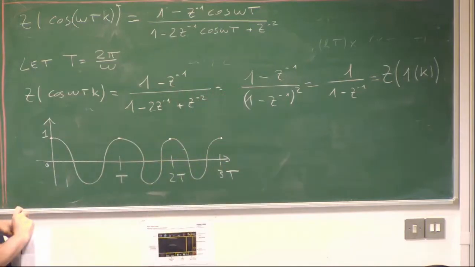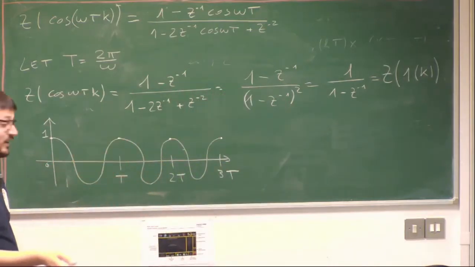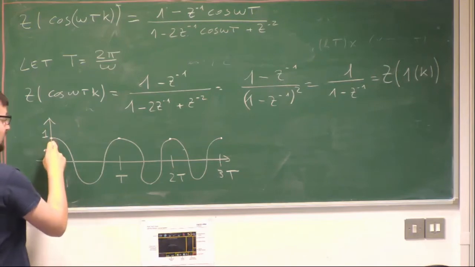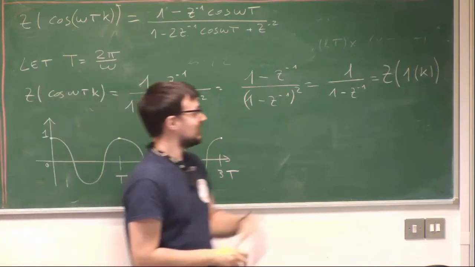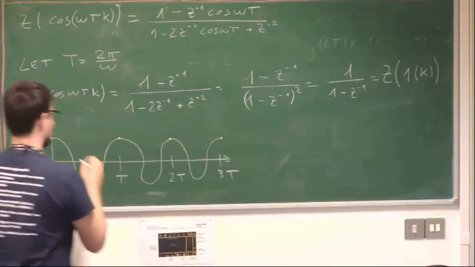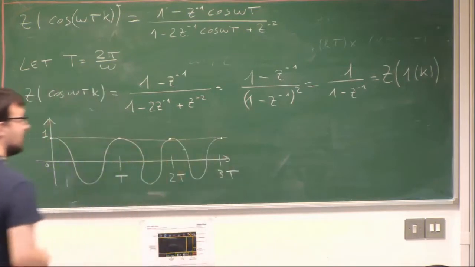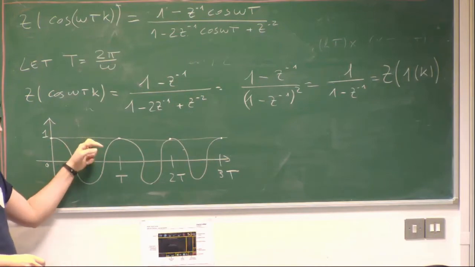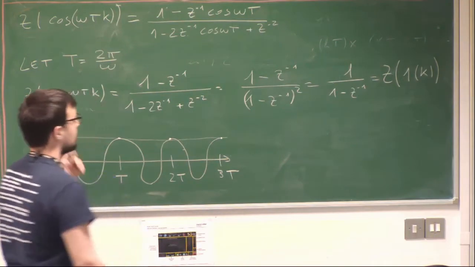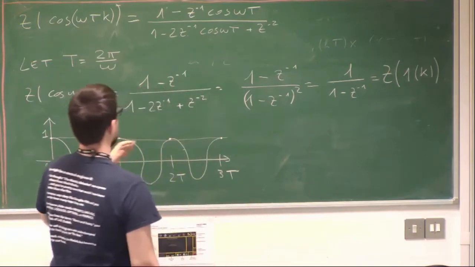So we see that there are an infinite number of different functions that can go through these points. So if we look at this, we may think that the continuous time function is this one. Okay? But we don't know. We don't know if the continuous time function is this one, or is this one. So you see that in this case, the Z-transform is this one.